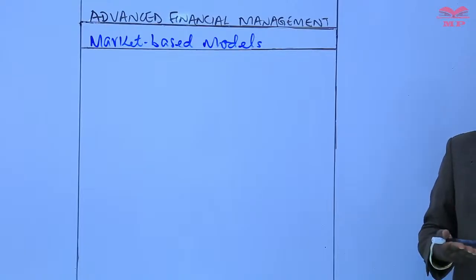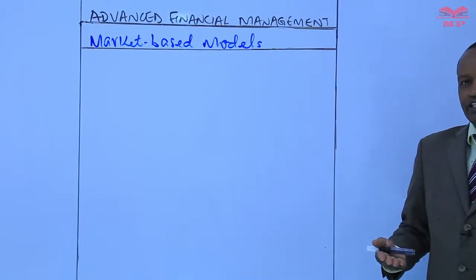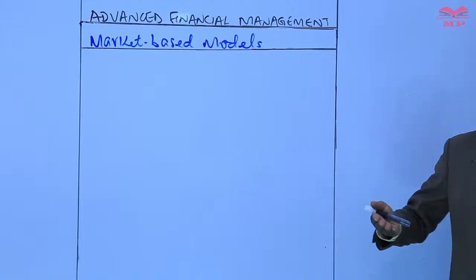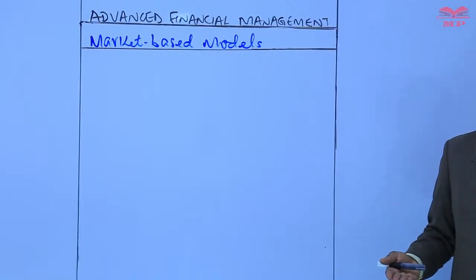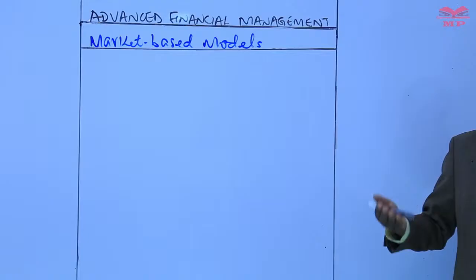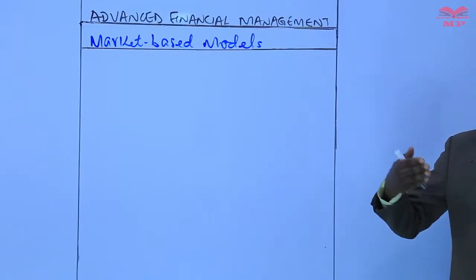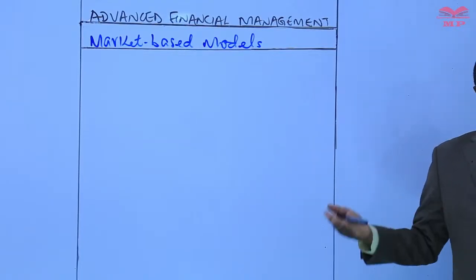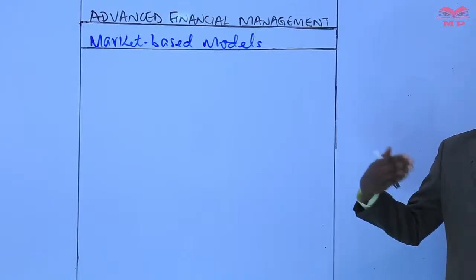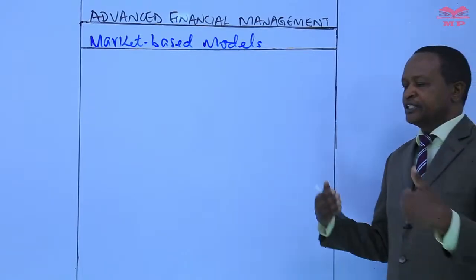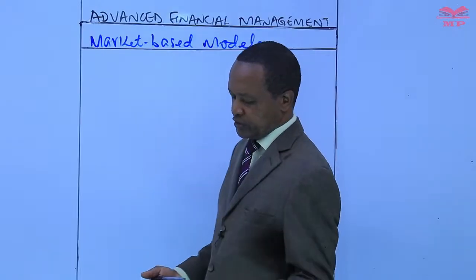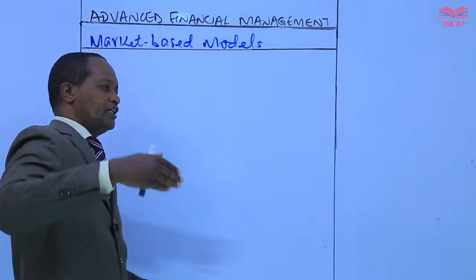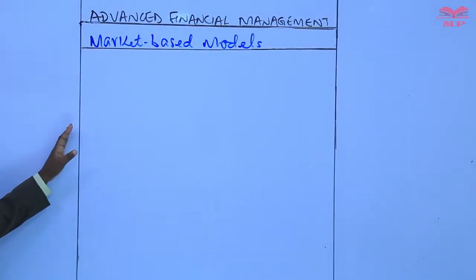So we have the PE ratio method as one of the market-based models. A PE ratio can be applied to valuing a takeover target by taking the latest earnings of the target and multiplying by an appropriate PE ratio.